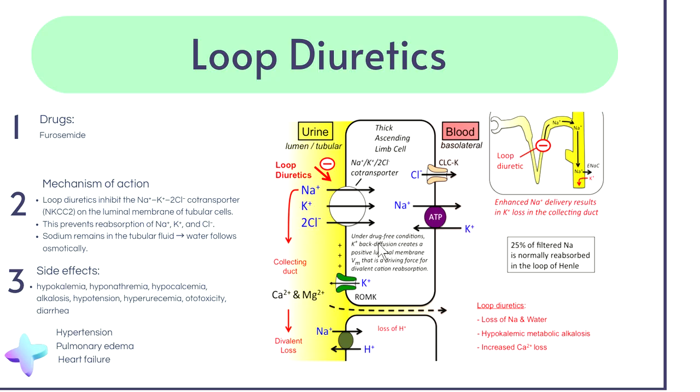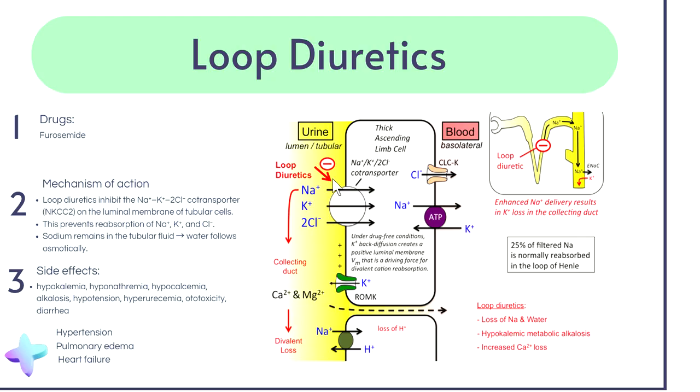What is happening? The loop diuretic is directly binding to this transporter, and it is going to inhibit it. That's why sodium, potassium, and chloride are going to stay in the urine, and they are going to be excreted.